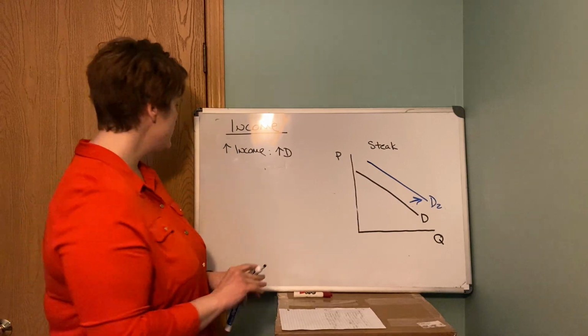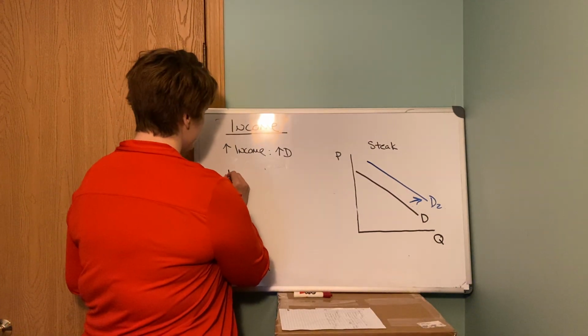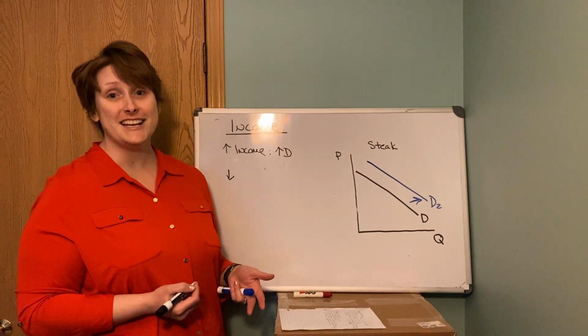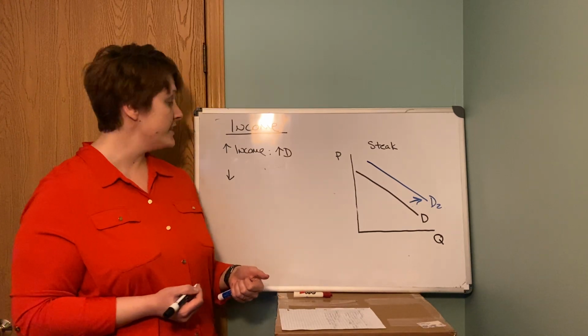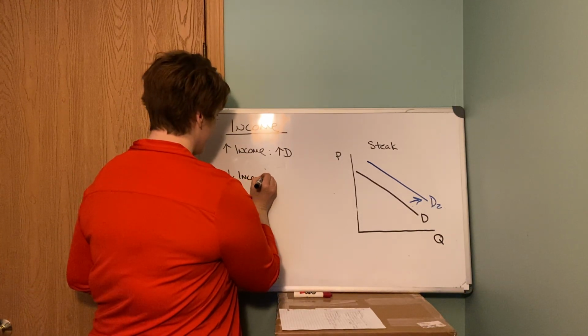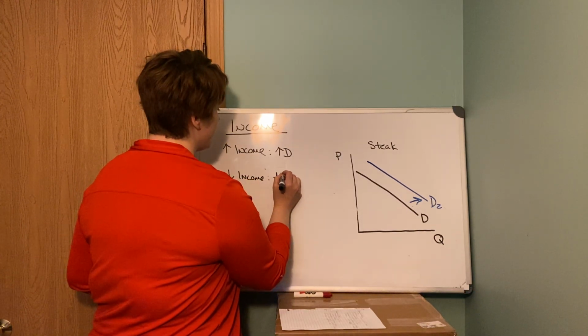If, on the other hand, our income decreases, so let's say you lose your job, we're probably not going to be eating a lot of steak dinners anytime soon. So if we have a decrease in income, then we have a decrease in demand.